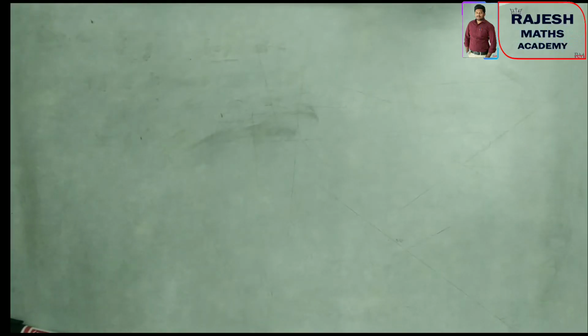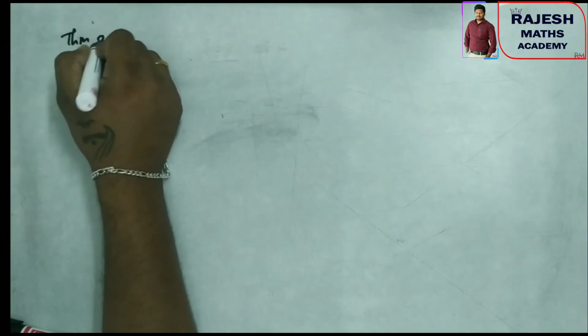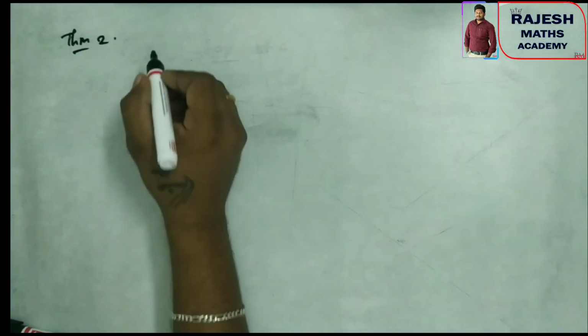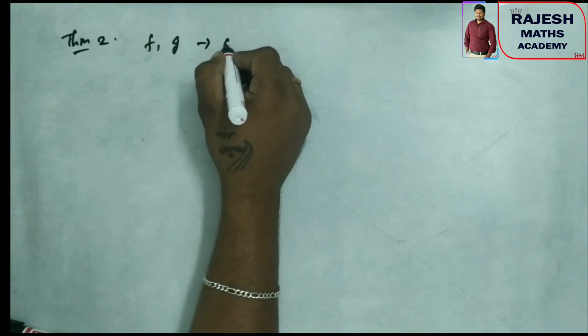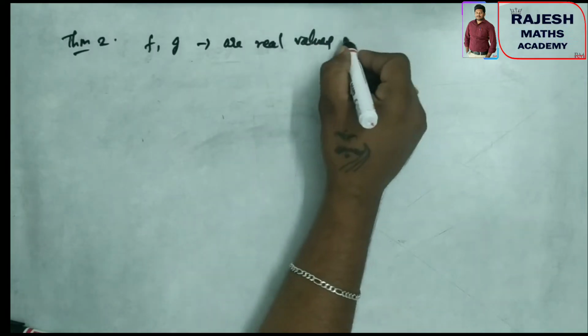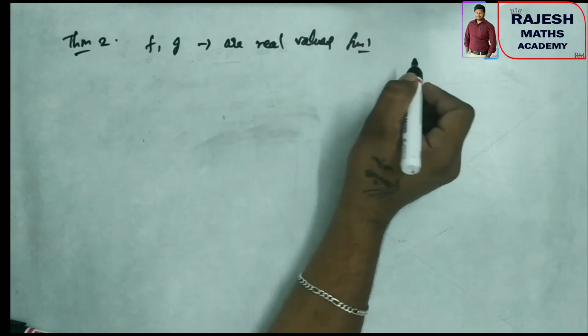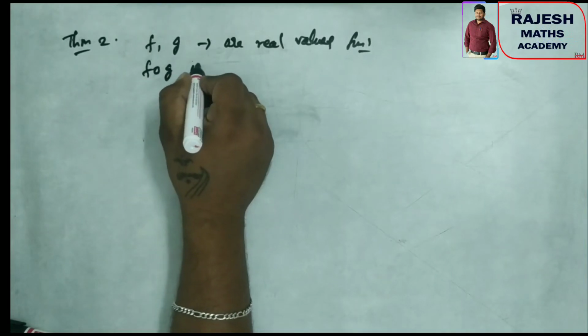Now we will use theorem 2. What does theorem 2 say? Suppose F and G are real valued functions, and F composition G is defined.